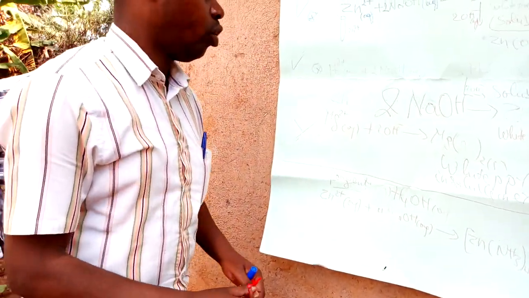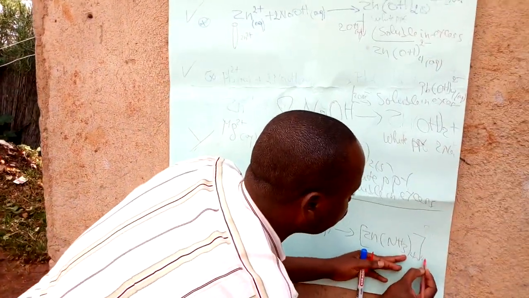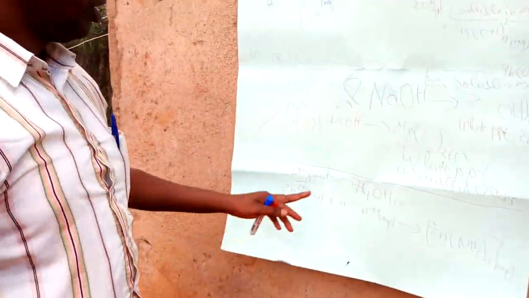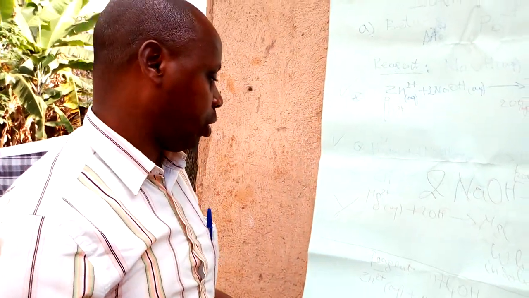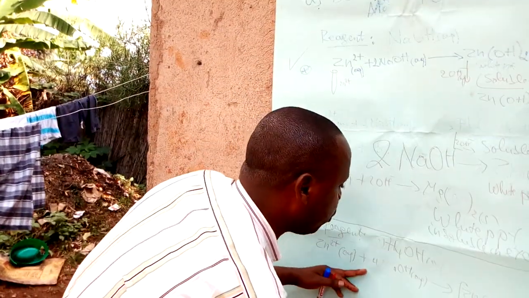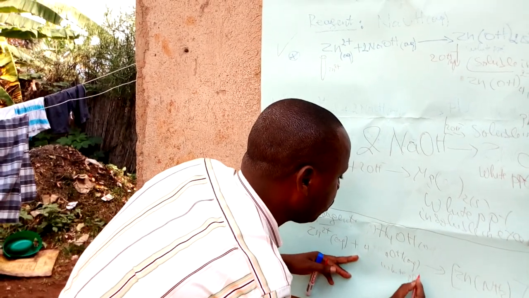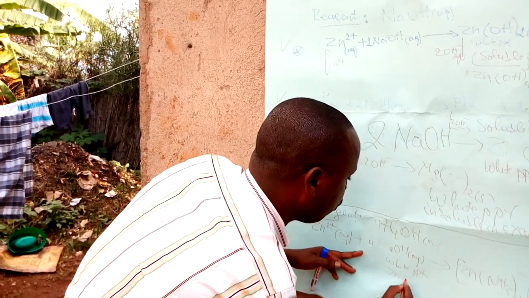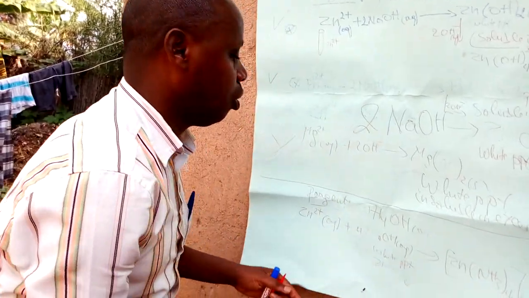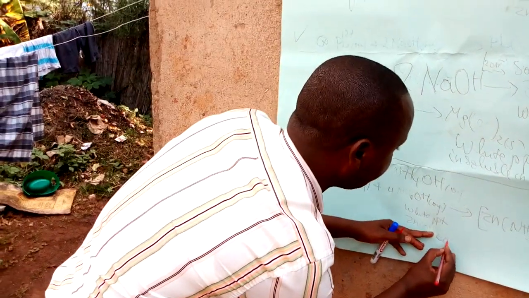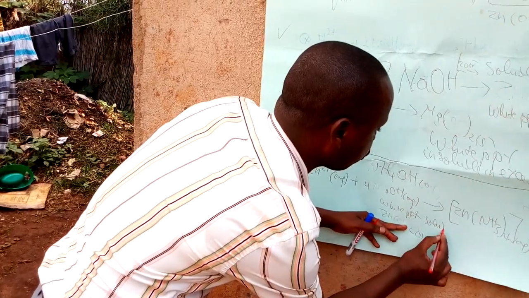It is a complex and it is soluble, which means the white precipitate of zinc hydroxide will be soluble in excess.